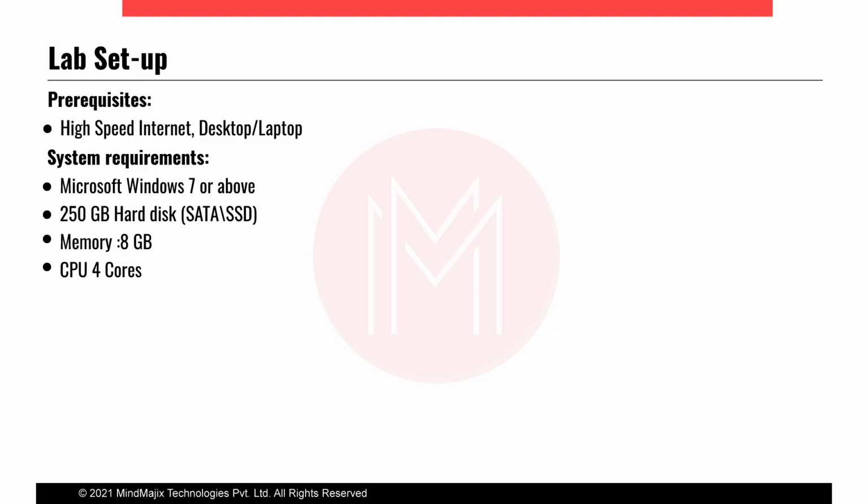At least it should have Microsoft Windows 7 or above, or Mac or Linux operating systems are also fine. The minimum hard disk should be around 250 GB, and you should have a minimum of 8 GB of RAM or more. And the CPU should have 4 cores.